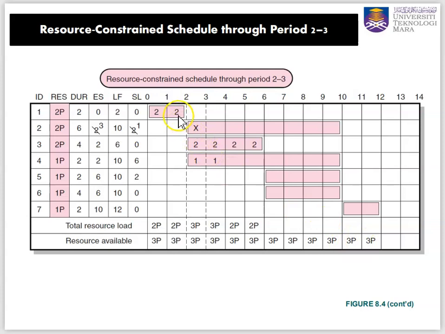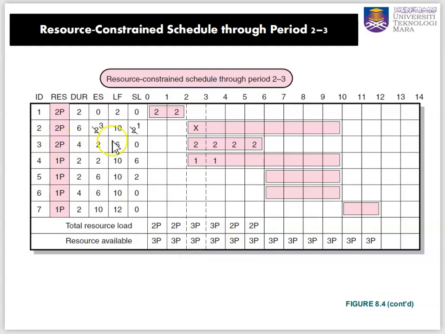So for activity 1, 2% is allocated, which will not be a problem. So we have to look at activity 2 and 3. We know that the number of percent allocated is 2 and 2, so it will become 4%, and this is more than the maximum resource available.